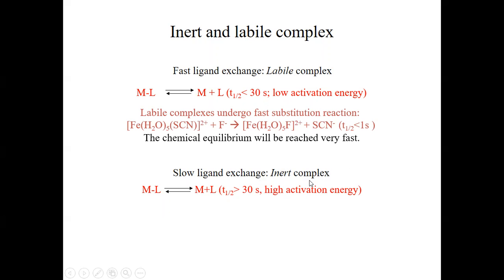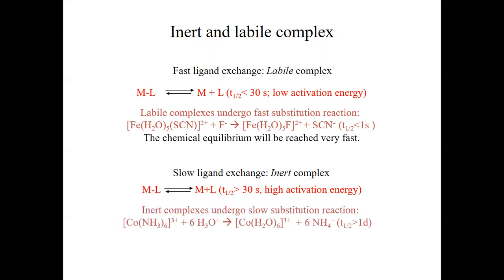So we can also see what is an example for this. For instance, the hexaammine cobalt 3 plus complex is a pretty inert complex because the half-life time of the metal ligand bonds is larger than 1 day.